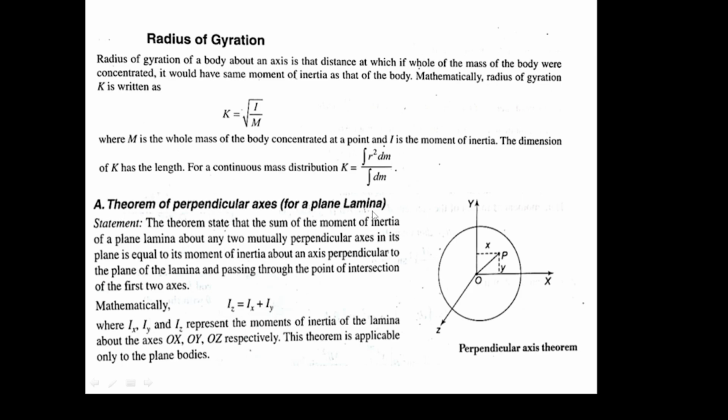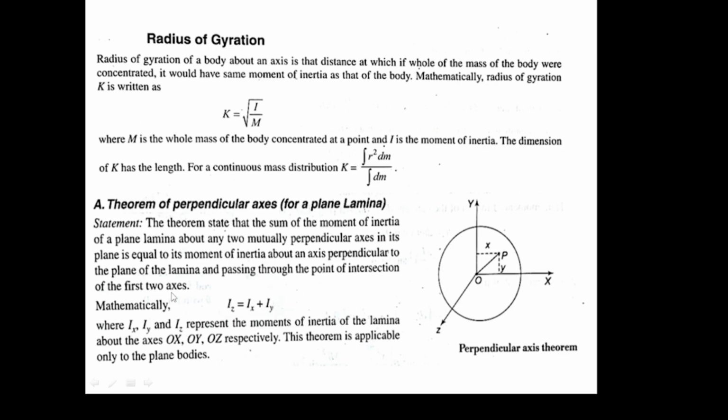The theorem states that the sum of the moments of inertia of a plane lamina about two mutually perpendicular axes in its plane is equal to its moment of inertia about an axis perpendicular to the plane of the lamina and passing through the point of intersection of the first two axes.